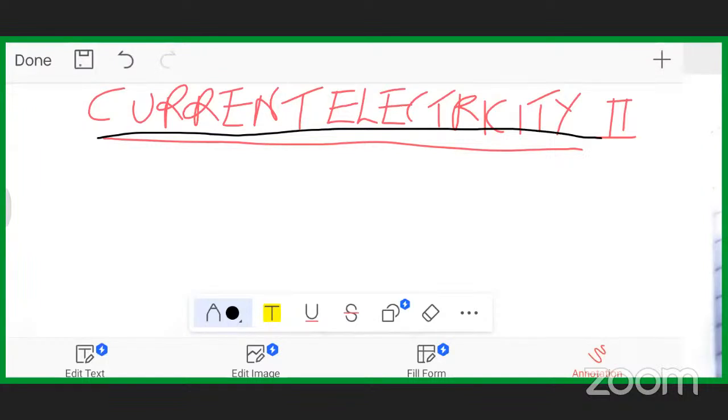The charges are not moving, hence static electricity. Now here we are bringing the idea of current electricity, which means that the charges are now allowed to move through. So that's what we are interested in.